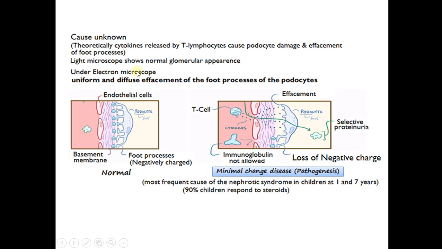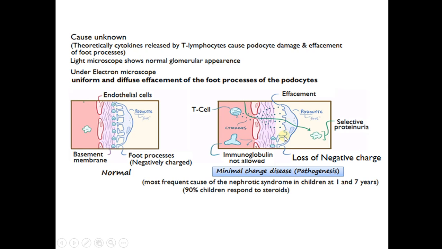However, if we see the glomerulus under the electron microscope, we will see uniform and diffuse effacement of the foot processes of the podocytes. Here we can see normal foot processes of the podocytes and damage to the foot processes of the podocytes, which will give rise to the effacement.